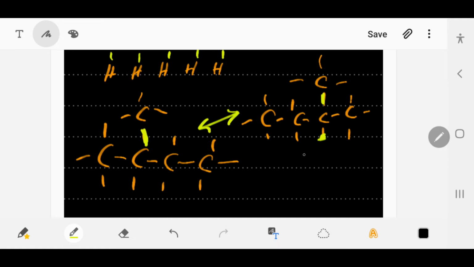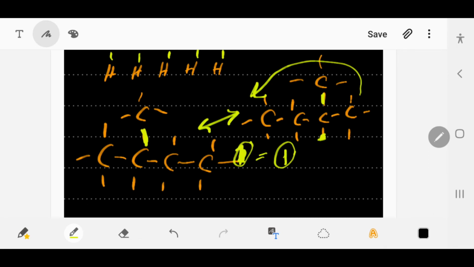Or if you flip this compound to the other side, just flip it, you will have the same compound. So this is not an isomer, because this one is equal to this one. They are the same.